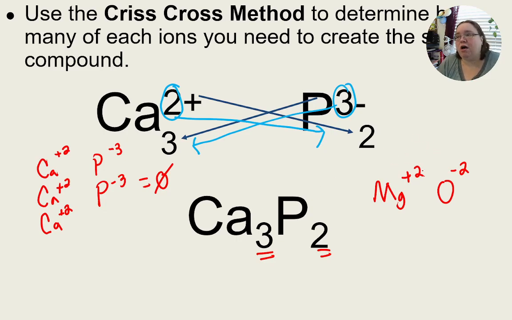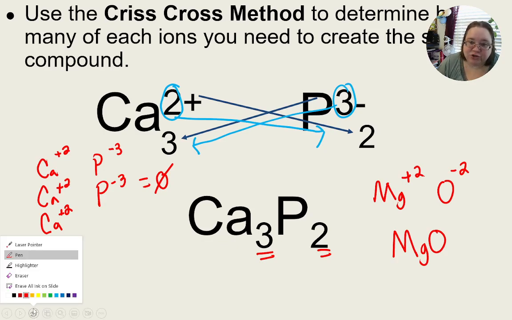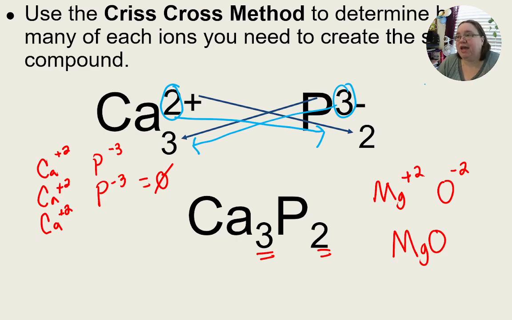Because those charges automatically cancel out, I don't need to swap and drop them. I literally just need to write 1 Mg to 1 O. Now, we don't see this happening very often in physical science, but if ever your charges are the opposite charge but the same number, you just have to write the letters as your subscript.